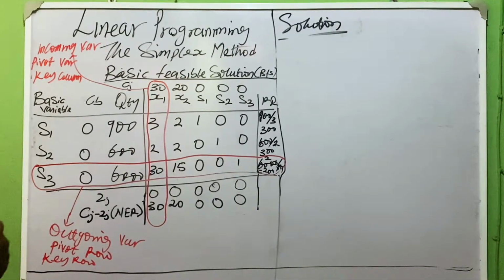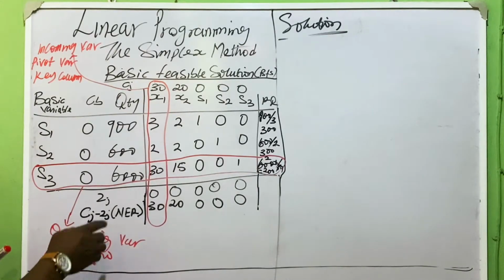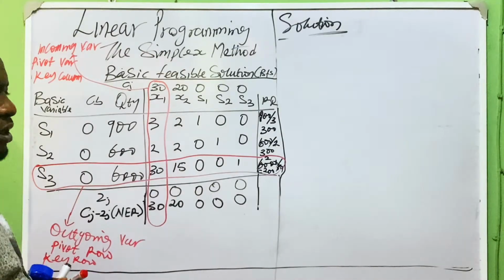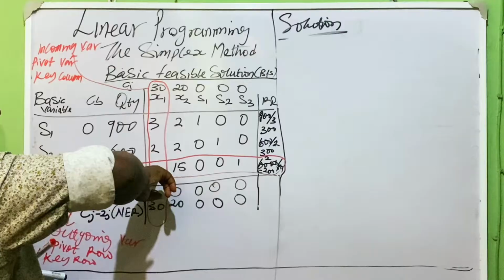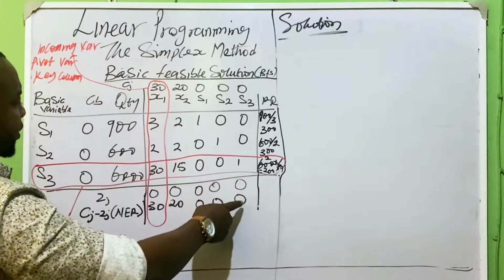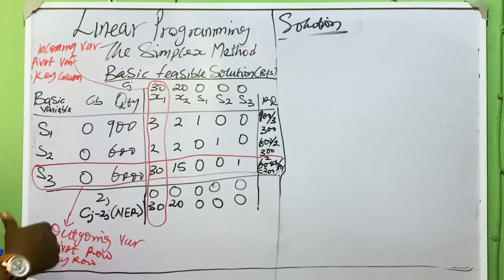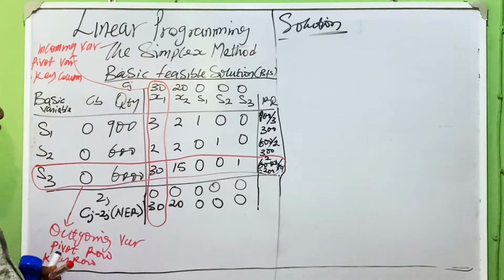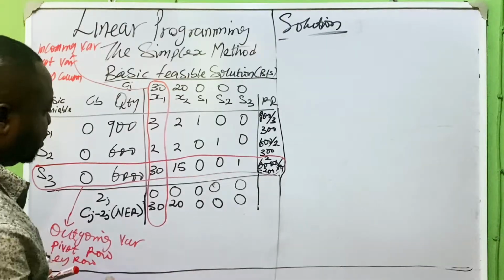Alright, so in the process of choosing the incoming and outgoing variable, there are values that are very important to us, especially one. The value that lies at the intersection of the outgoing variable and the incoming variable is very important to us because it will be made use of when we make transformations that we're going to see shortly.